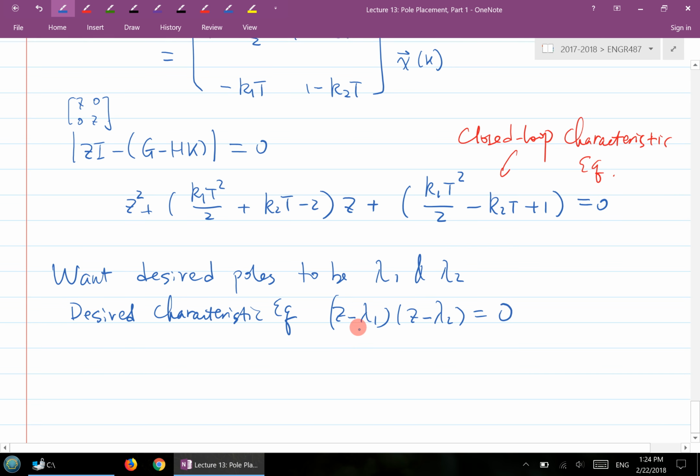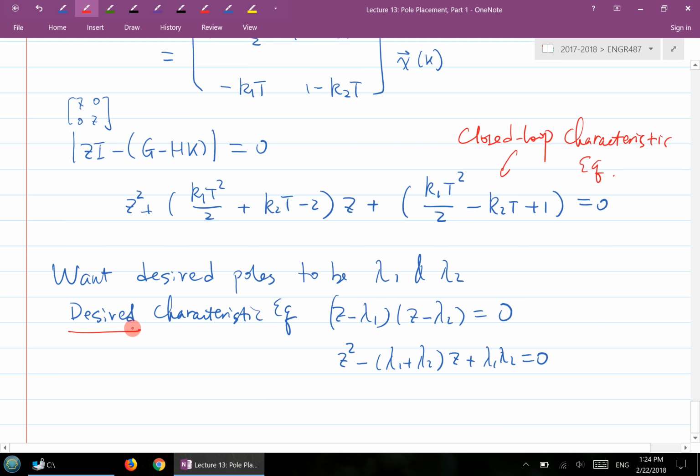And expand this, you can get Z squared minus lambda 1 plus lambda 2 times Z, plus lambda 1 lambda 2, equal to 0. Right? So now you get this Z squared here. So now you got a desired second order polynomial.